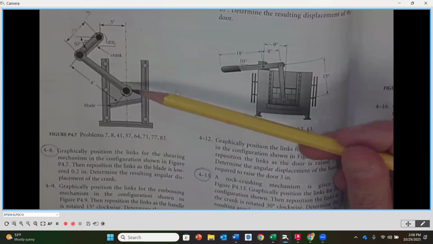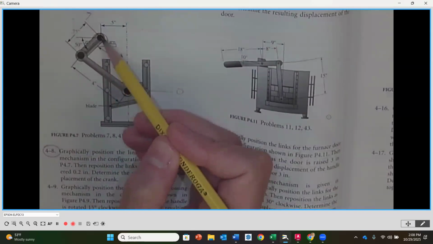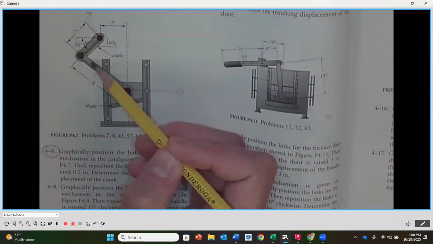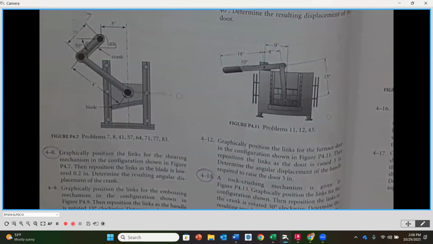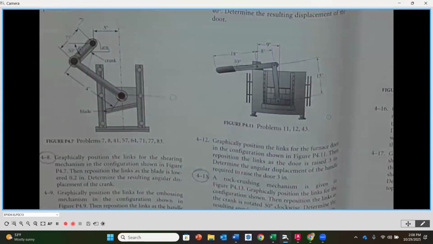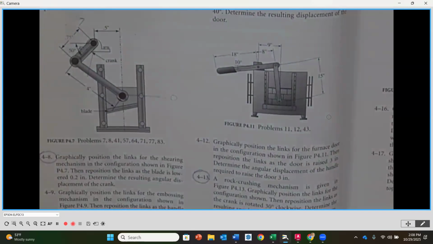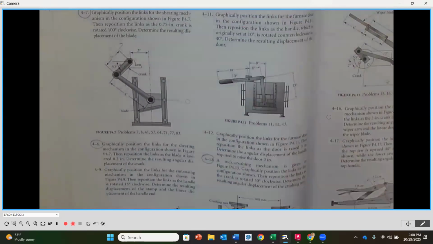When you do that, you're going to reposition the links, if you would, backwards, and you're going to find out how far that crank moved angularly. This is an angular displacement because, remember, it's fixed around that center and it's going to be an angle that you measure, not a distance. Okay. So that's 4-7 and 4-8.